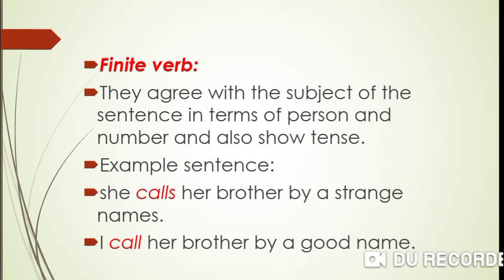But in case of first and second person, we use the first form only. I call her, you call her, we call her, they call her. So I think it is clear. Now whenever anyone asks about finite verbs, you can easily explain what a finite verb is.